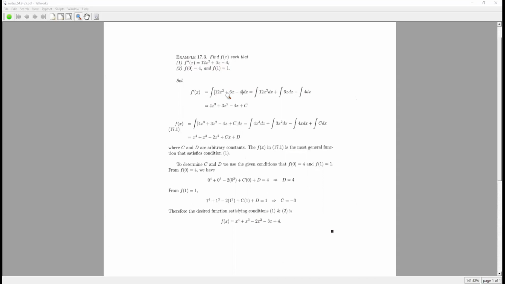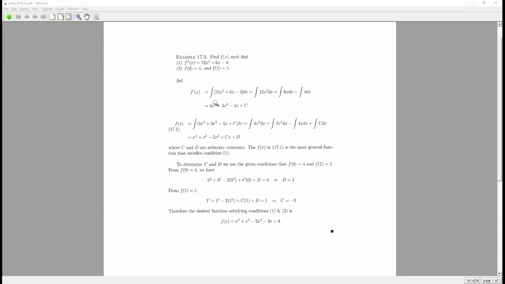Now, by the summation and subtraction formulas, I can split this integral into 3 smaller integrals. It's easy to find the antiderivative for each of these 3 integrals. The antiderivative of 12x squared is 4x to the third.